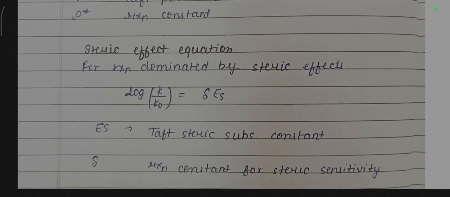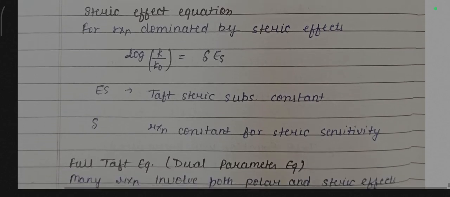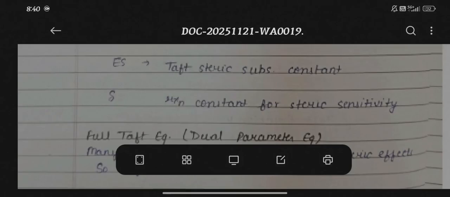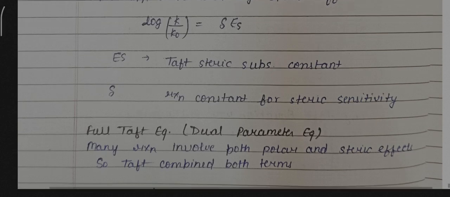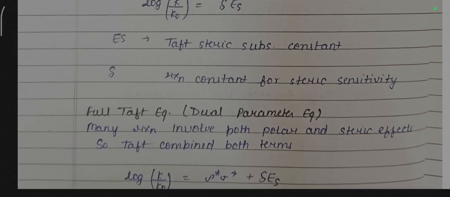Steric effect equation for reactions dominated by steric effect: logarithm of k upon k naught is equal to delta Es. Es is the Taft steric substituent constant. Delta is the reaction constant for steric sensitivity.